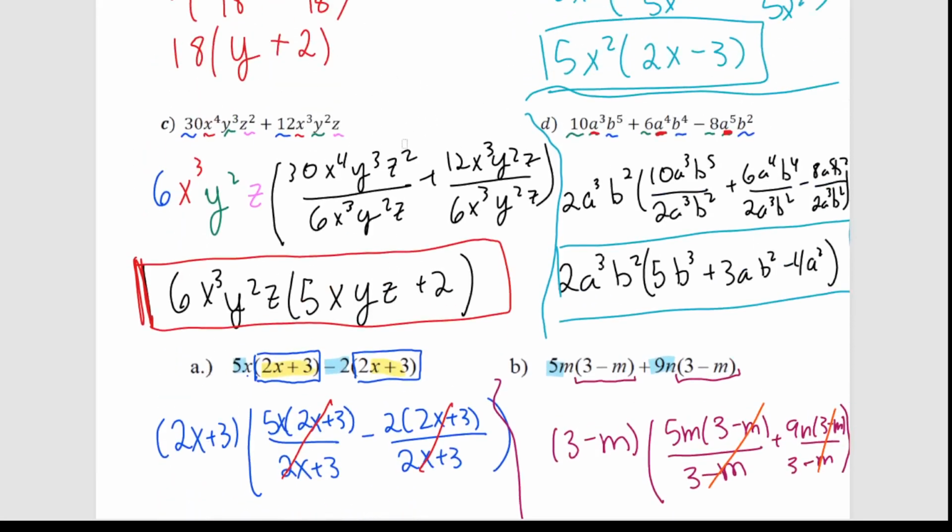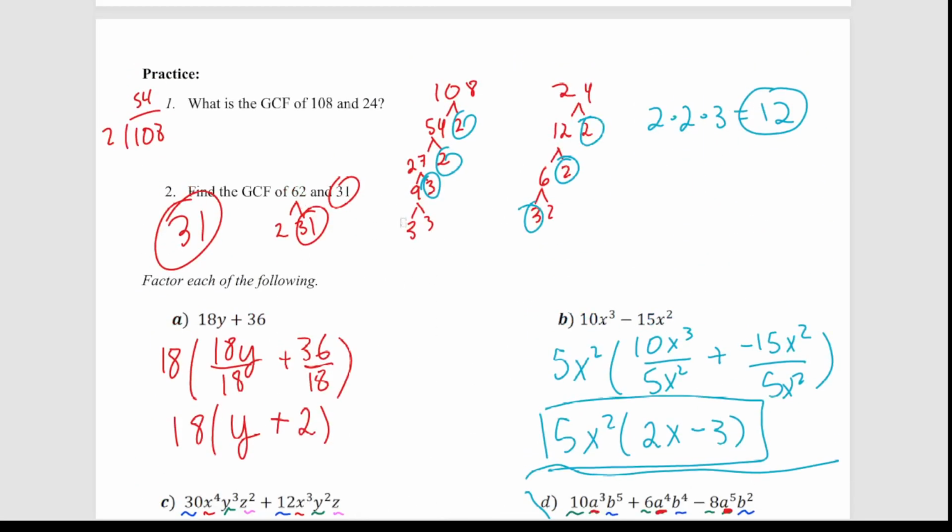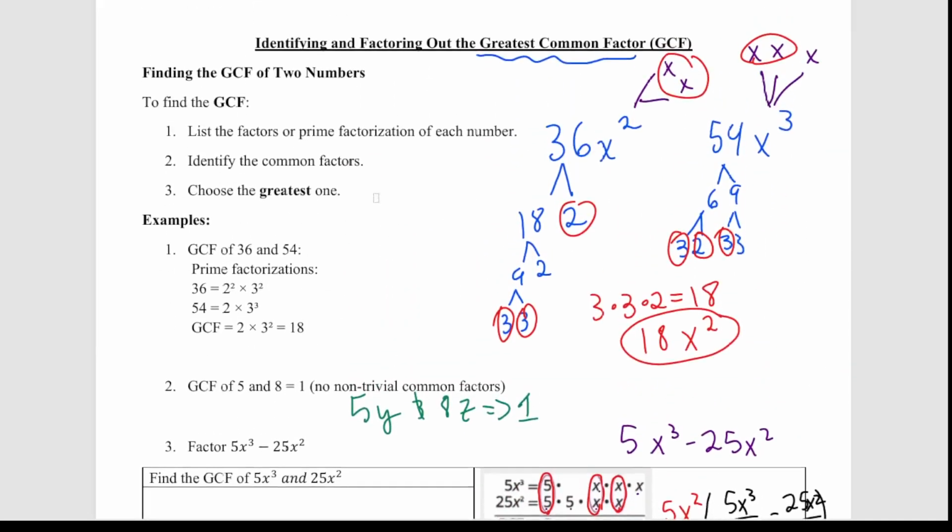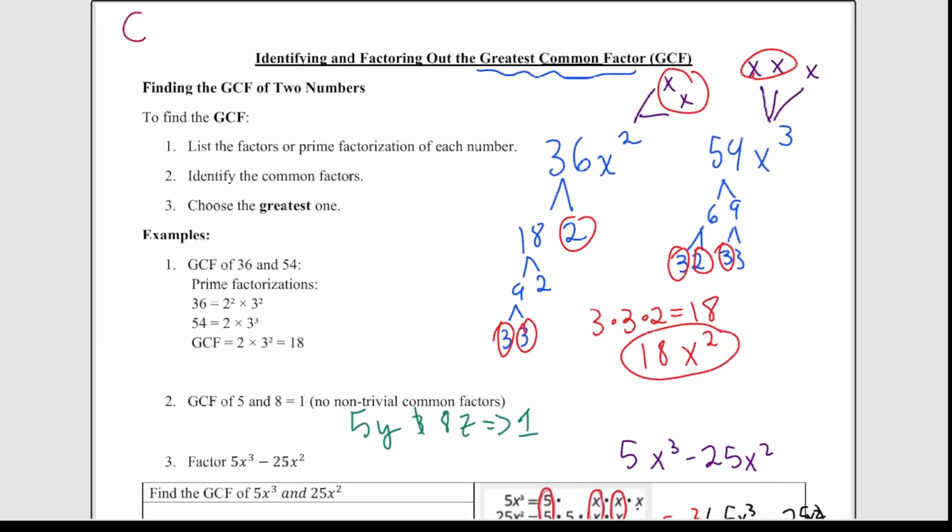But in short, for any of these, what you want to do is identify your greatest common factor, whatever it is, and then what you're going to be left with is that term divided by the GCF plus the other term divided by the GCF, for as many terms as you want until you get to the last term divided by the GCF. As long as you have divided every single term by that greatest common factor, you will have factored out that greatest common factor correctly.